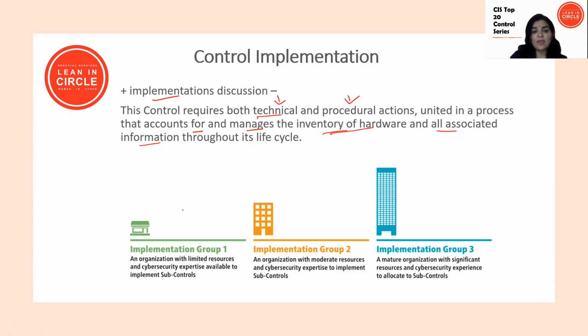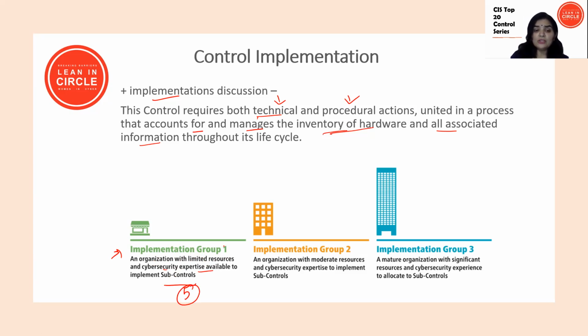So in this case, we have three implementation groups. The first implementation group, IG1, is for an organization with limited resources and cyber security expertise available to implement sub-controls. We are going to discuss 5 sub-controls in the coming slide.